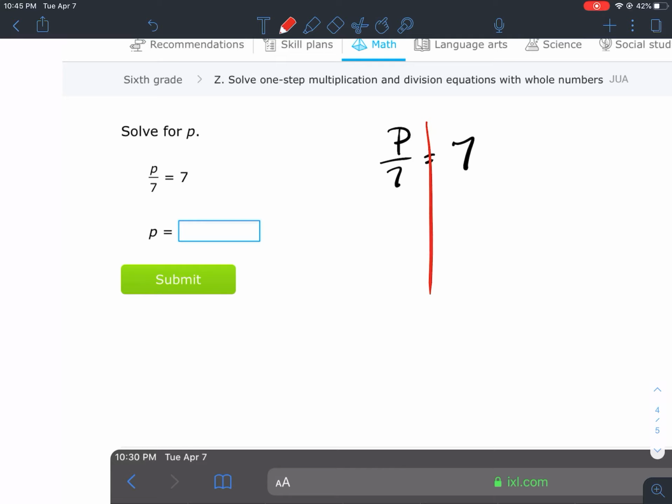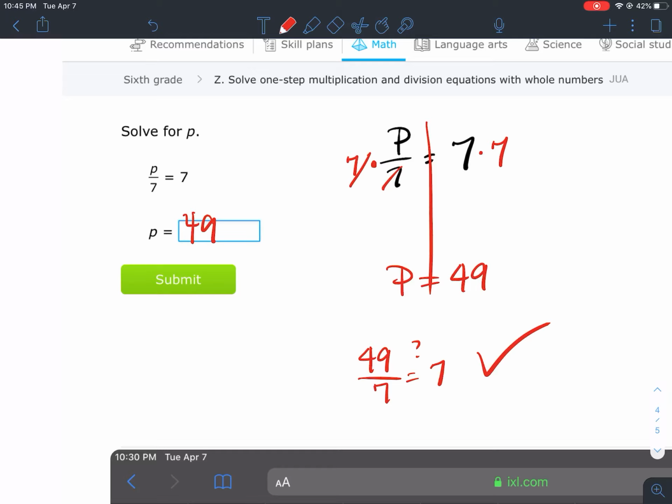Well, from my notes, I know it's multiplication. Multiply both sides by 7. This cancels out, and that gives me 1. So I'm left with P equals 7 times 7. Well, what's 7 times 7? 49. So let me check. Is it true that 49 divided by 7 equals 7? Yep. So my answer is 49.